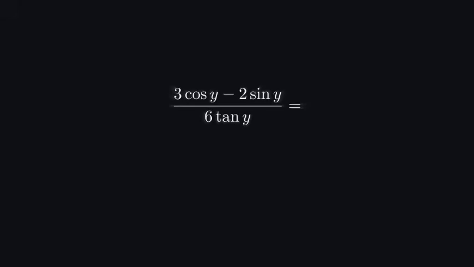So 3 cosine of y minus 2 sine of y over 6 tan of y equals 3 times 12 over 13 minus 2 times 5 over 13, over 6 times 5 over 12.